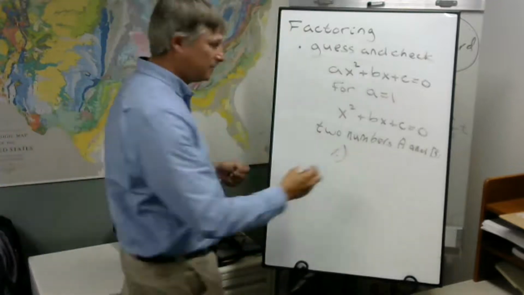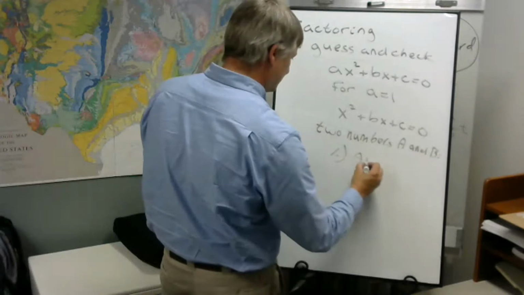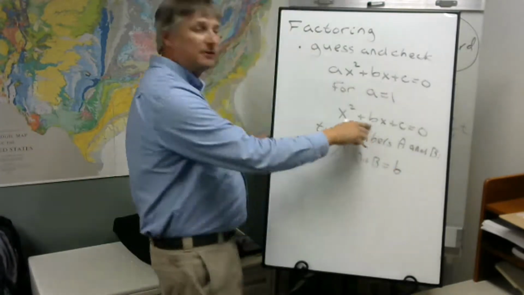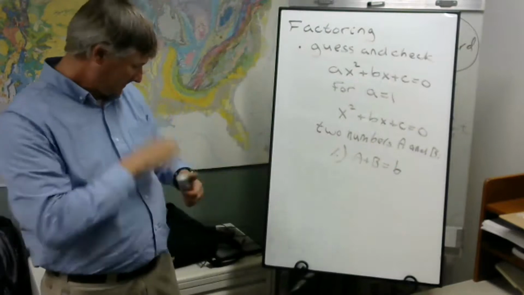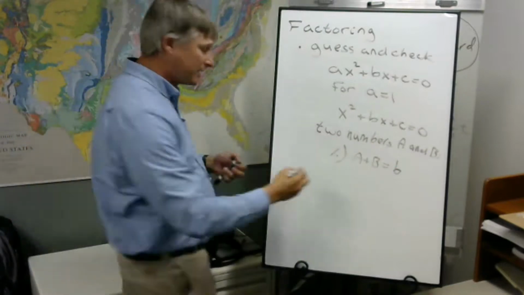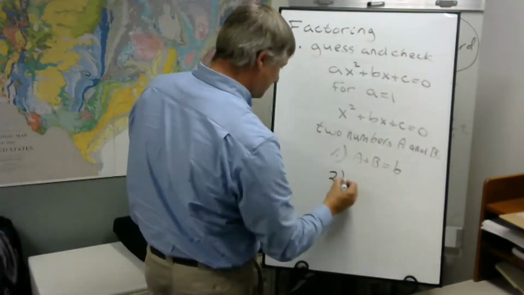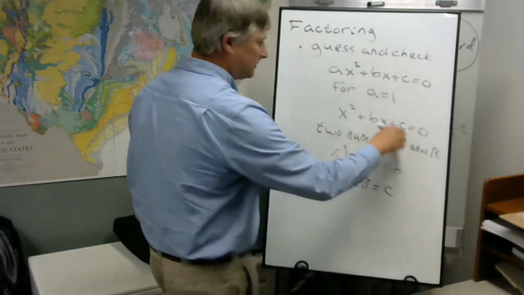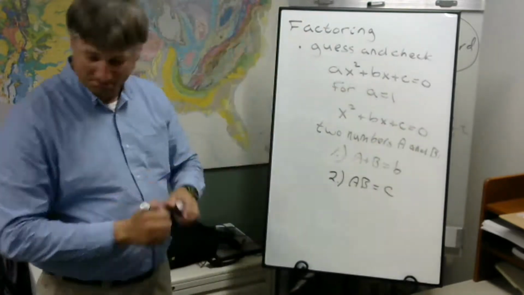The sum of those numbers is equal to this little b. And then the product of those two numbers is equal to that little c.